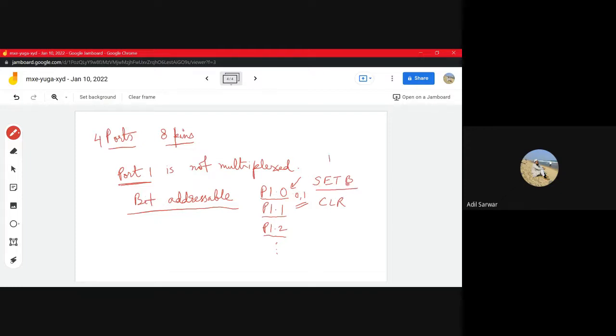If I write SETB P1.0, that means executing this instruction will make pin 0 of port 1 equal to 1. The output of that pin will be 1 now. 1 means 5 volts. You get a 5 volt output. And when you clear pin 0 of port 1, CLR P1.0, it will make the output of that pin equal to 0 volts.